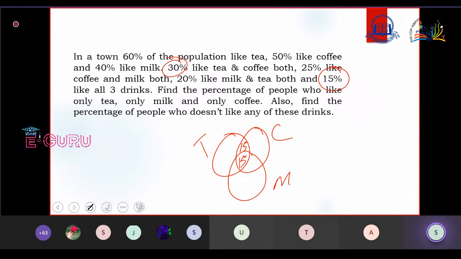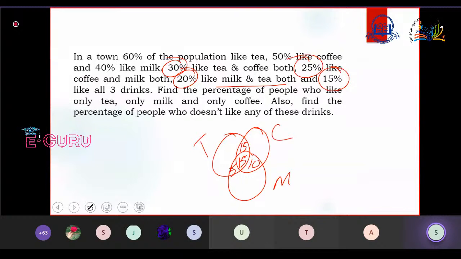Now 25% like coffee and milk both. Out of that 25, 15 is already here, so 10 more will come here. Now again, it is given that 20% like milk and tea. Out of that 20, 15 is already here, so 5 will come here.